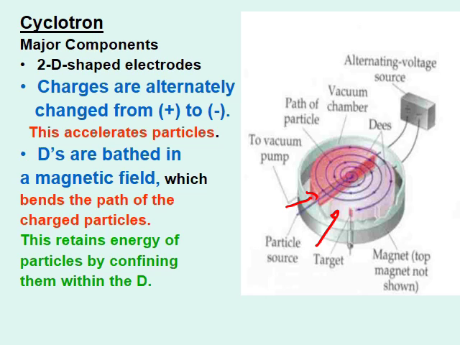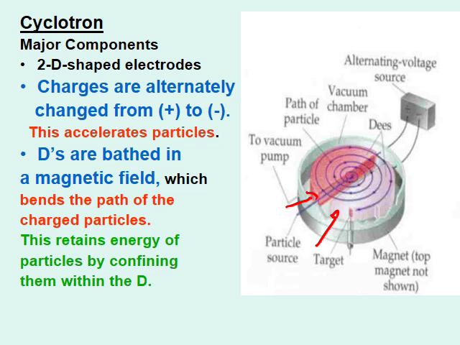These D-shaped electrodes are bathed in a magnetic field. What the magnetic field does is bend the path of the charged particle. And that's how the particle remains within the volume of the D as it gets accelerated, because as it gets accelerated, the radius of the circle increases.